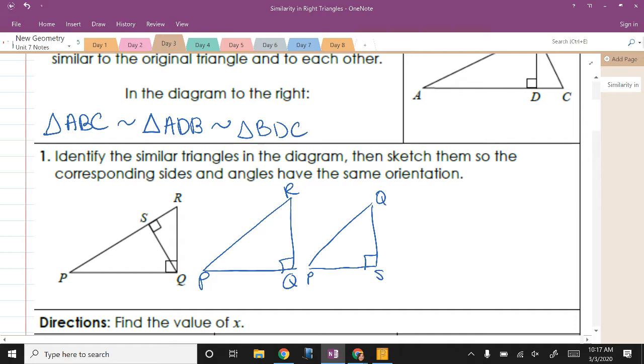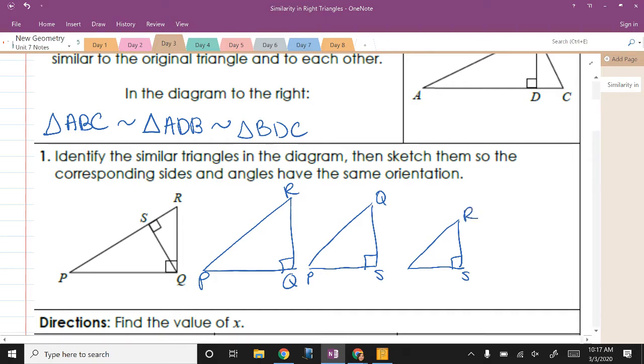And then the one to the right, the little one, S is my right angle again. Y'all agree? So I'm just basically flipping around those triangles. And what's the short leg go with this little triangle? R. So R goes up on top because that's where the short leg was.